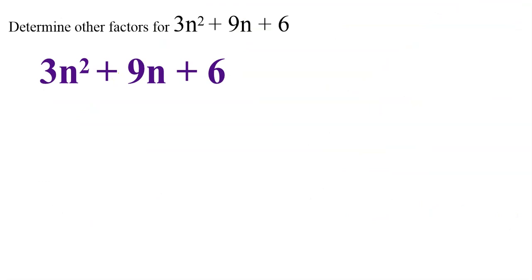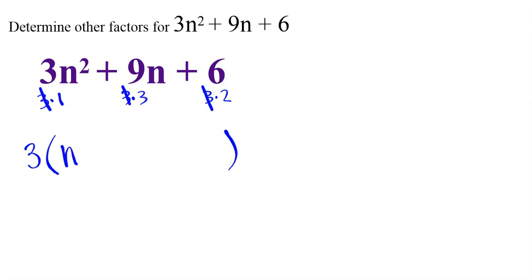And so the first step in determining other factors for this is really we're just going to completely factor this right now. And so let's first take out the 3. So let's undo a 3. So let's take out a 3. So this is 3 times 1, this is 3 times 3, and this is 3 times 2. So if we take out a 3, what we're left with is just that madness. What's left in there?